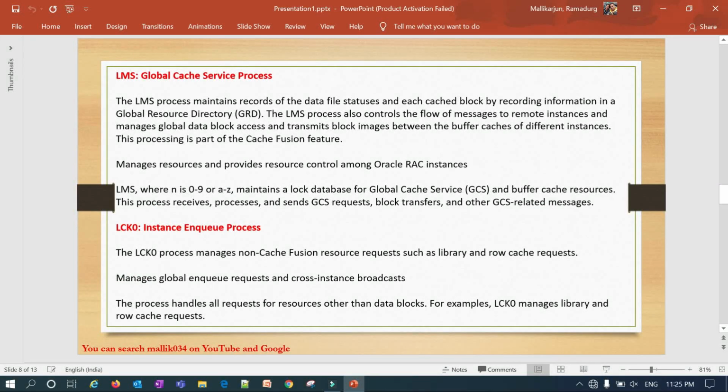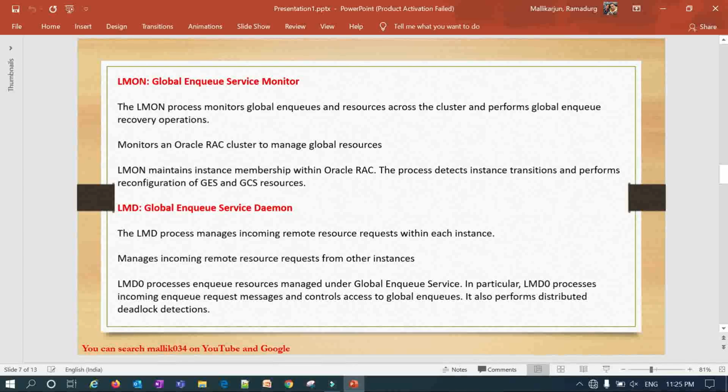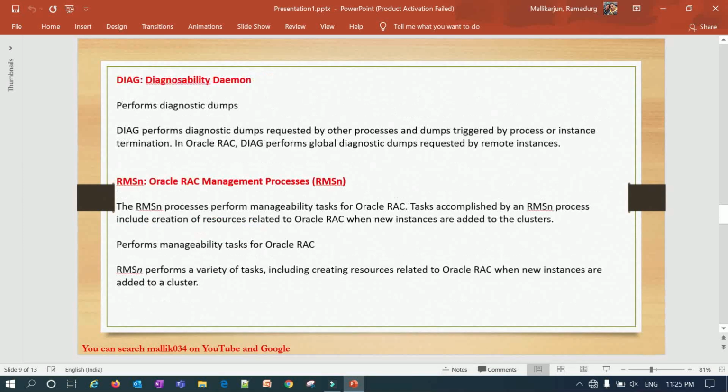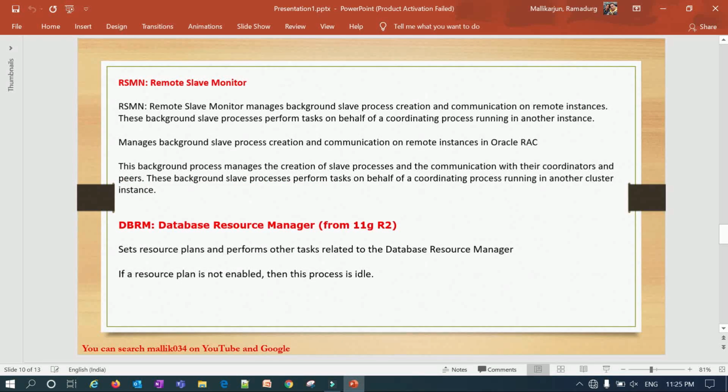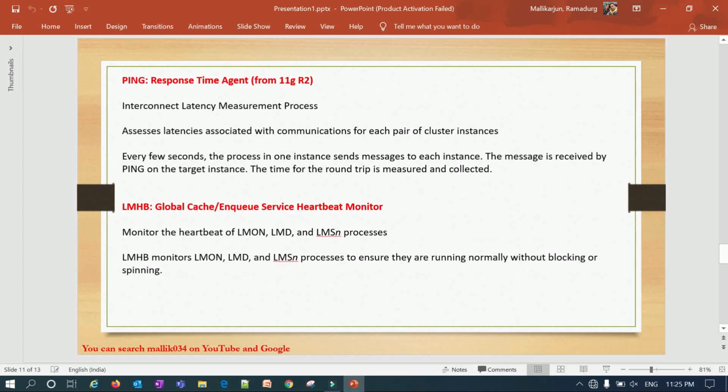Global Cache Service. What is LMON? It's the Global Enqueue Service Monitor. What is LMD? Global Enqueue Service. These are mandatory background processes and must always be running. If any of these processes hangs or terminates, your instance will go down. And for that, LMHB plays a very important role.